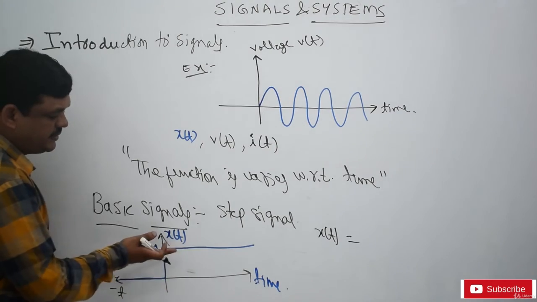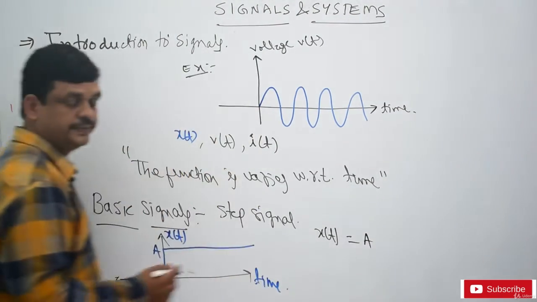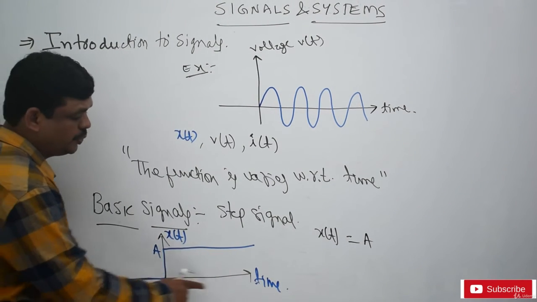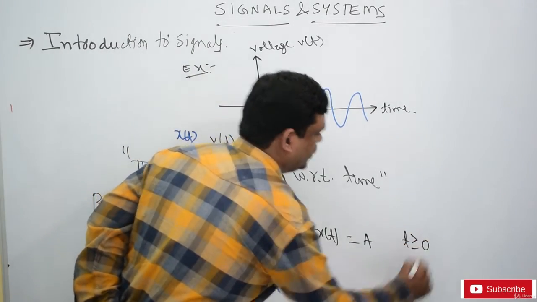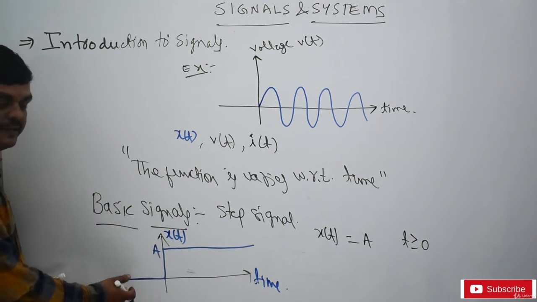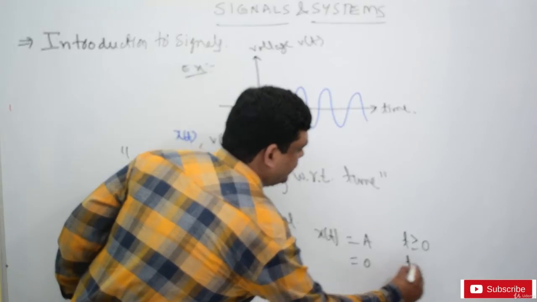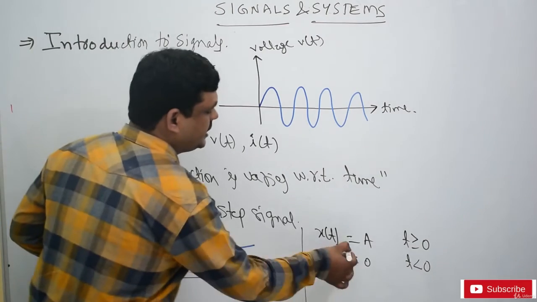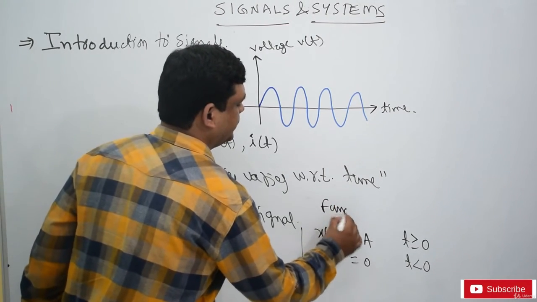This function has constant amplitude A for t from 0 to infinity. So t is greater than or equal to 0. And on this side, the negative time axis, the function is not defined, so it equals 0 for t less than 0. This type of representation is called functional representation.